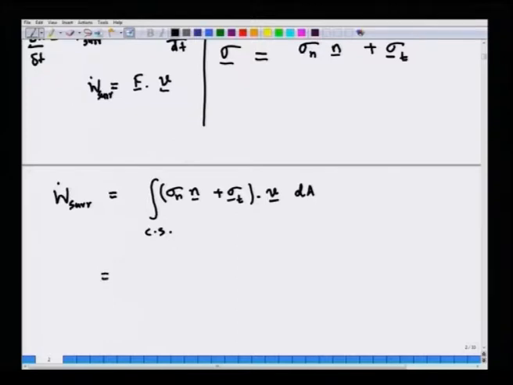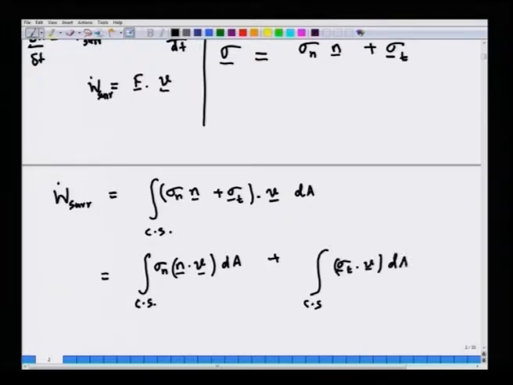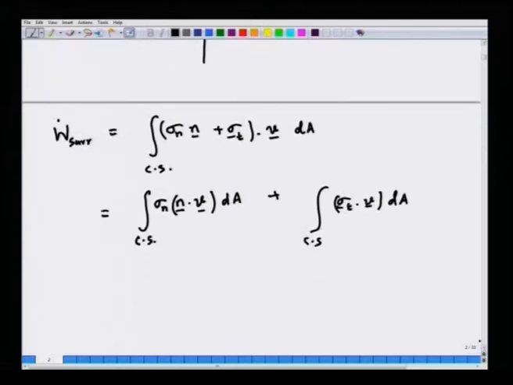Let us split the normal and tangential components separately: integral over CS of sigma n n dot V dA plus integral over CS of sigma t dot V dA.